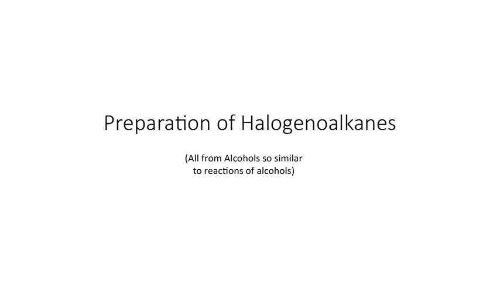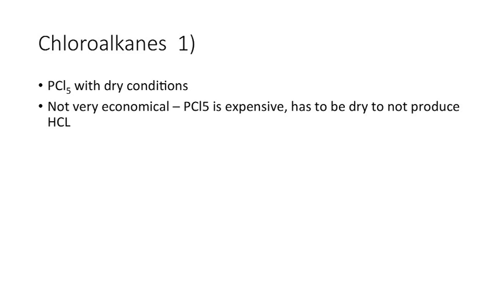Preparation of halogenoalkanes. This is a bit similar to the reactions of alcohols with each halogen. So if you want to look back on that video, it might be helpful too, but this will run through all of them. So let's start with chloroalkanes. The first way to make them is with PCl5.